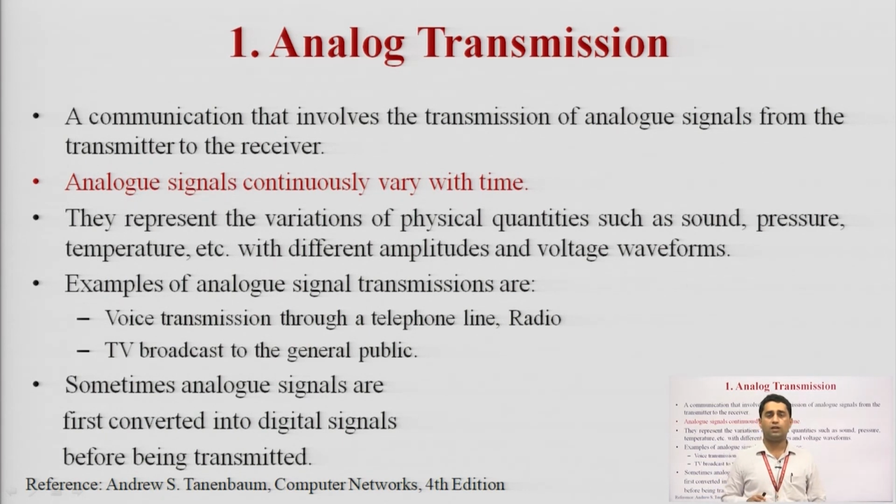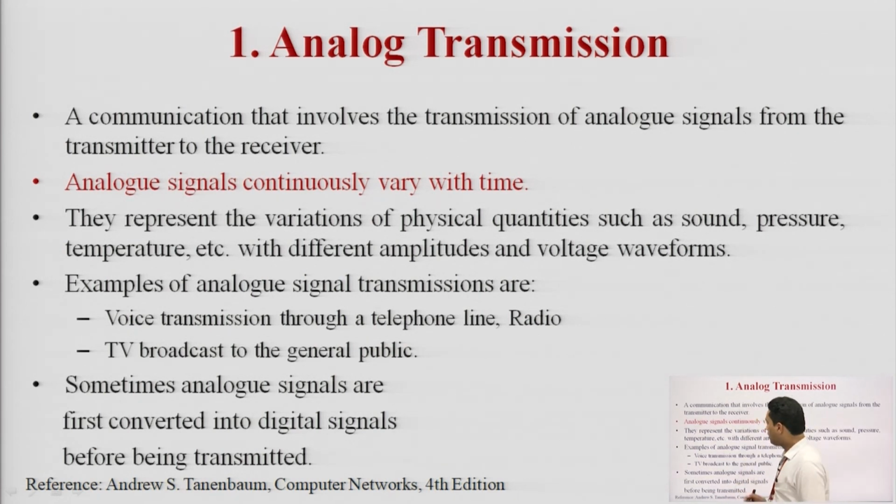Still, there are many applications where we use conversion of signals: I have digital data and it is converted to an analog signal. For this, an analog to digital converter or a digital to analog converter is required. Again, it depends on your application, which type of data you have, and which type of signal you want for transmission.